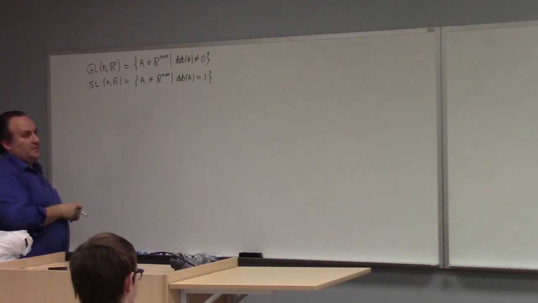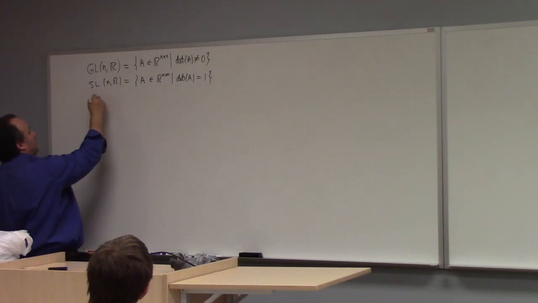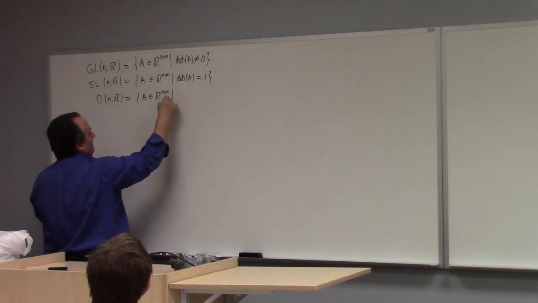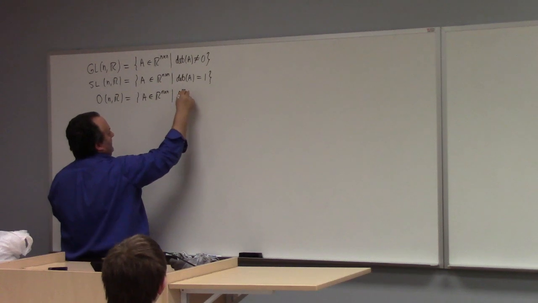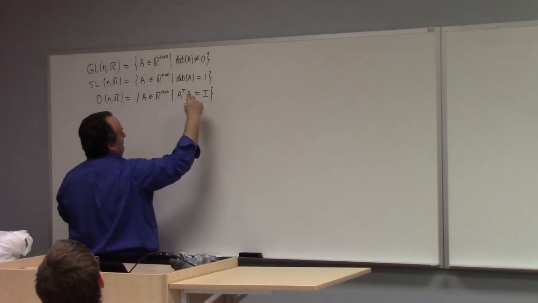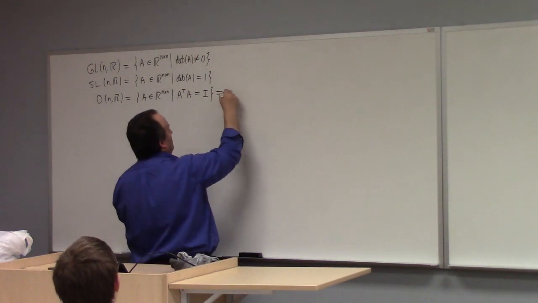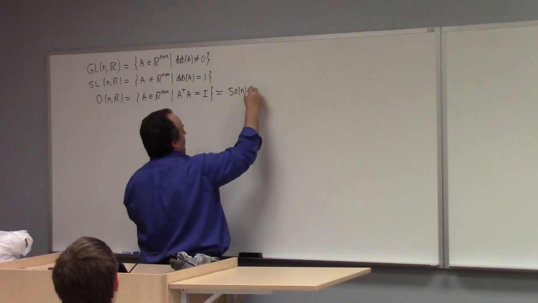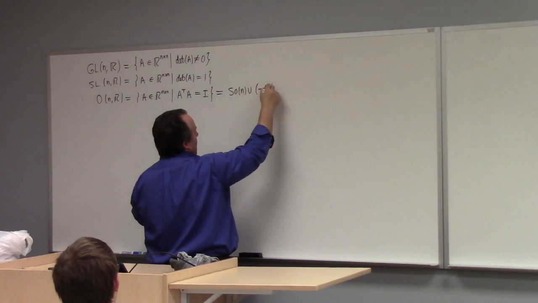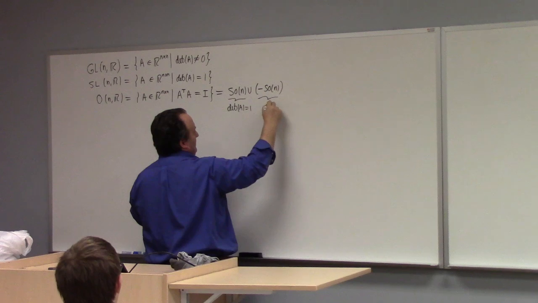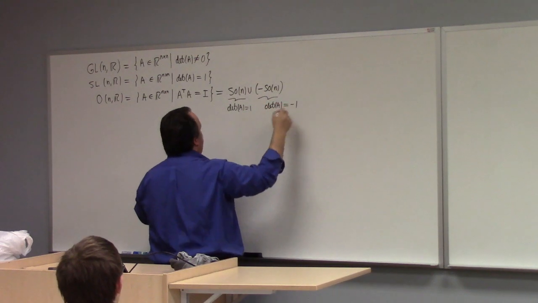In fact, also this one, On, A transpose A equals I. This is actually equal to the union of SOn and what you might call minus SOn. So here we've got determinant 1, and over here determinant minus 1.